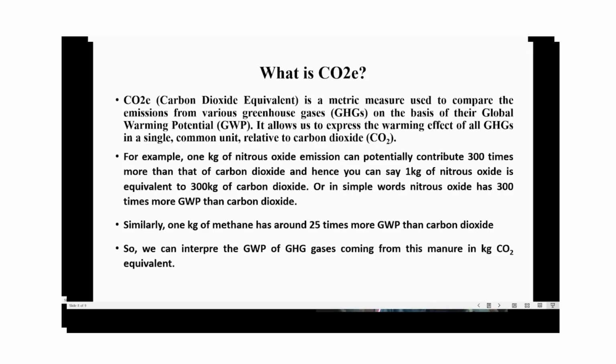Or in simple words, nitrous oxide has 300 times more global warming potential than carbon dioxide. Similarly, 1 kg of methane has around 25 times more global warming potential than carbon dioxide. So you can interpret the global warming potential of greenhouse gases coming from this manure in kilogram carbon dioxide equivalent.